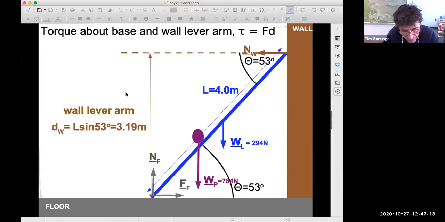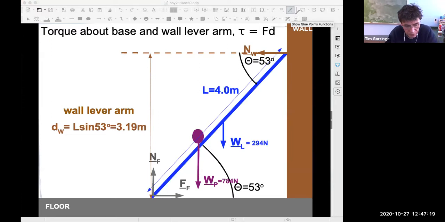You might remember that you could write the torque exerted by a force in terms of a lever arm, a distance we call d. And the way you calculate the lever arm is to think about the axis of rotation that you're worried about. I'm going to think about the axis of rotation as where the ladder meets the ground. Think about the force and where it's acting.